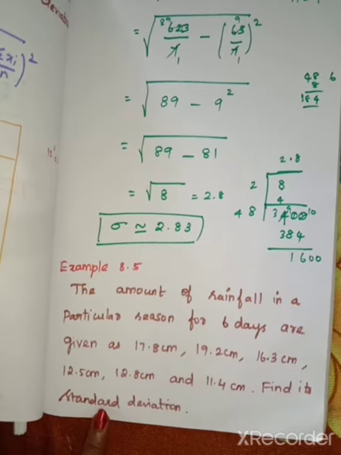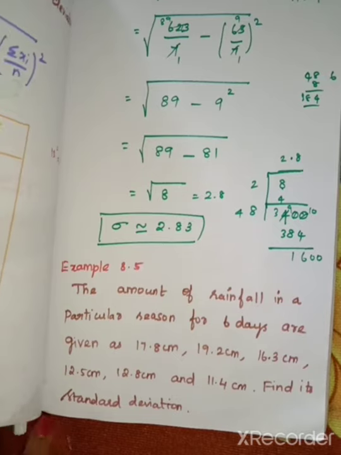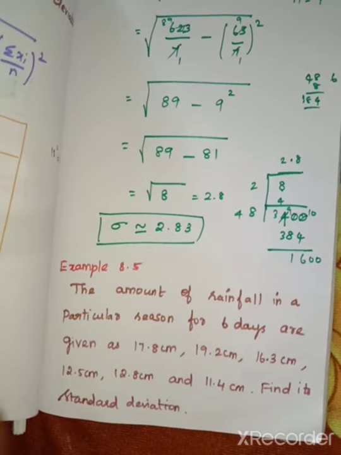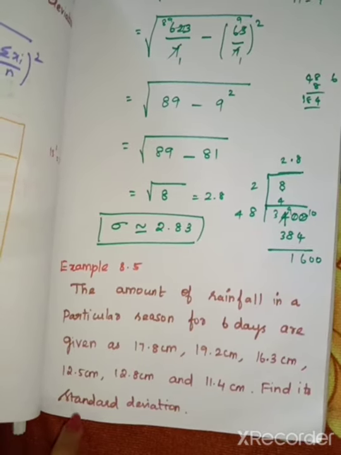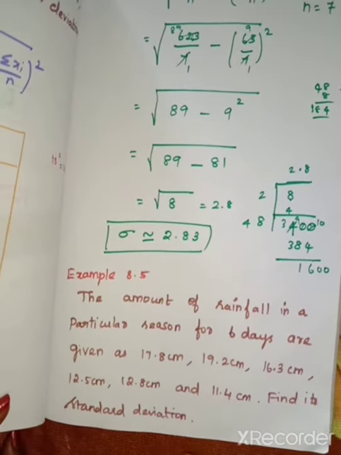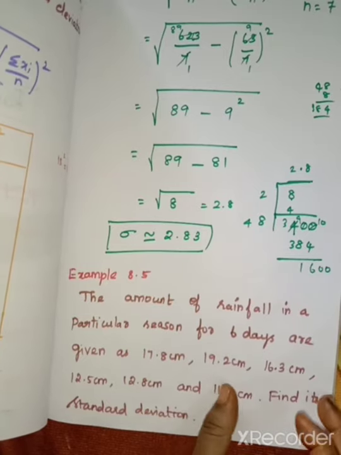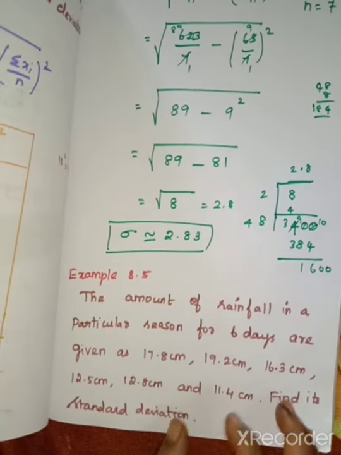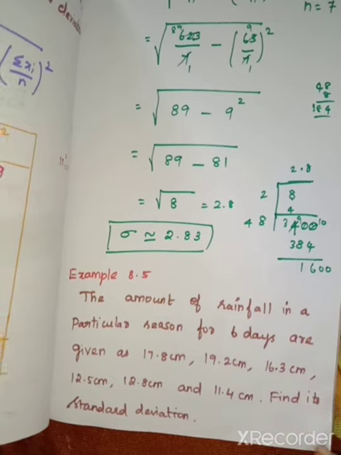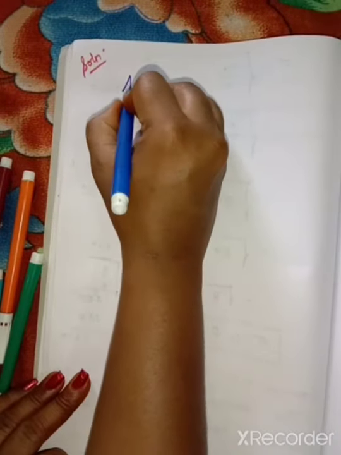Here also we want to find the standard deviation using any method. Already we have seen the direct method. Here we can use the mean method. For the 6 days given, we have to arrange them in ascending order.